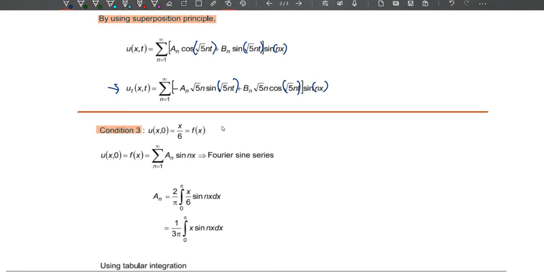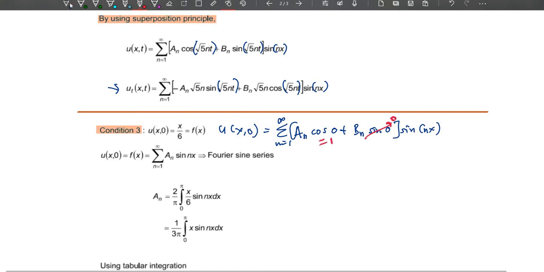When you substitute t equal to 0 here, it will be the summation of a_n cos 0 plus b_n sin 0, remember to close the bracket, times sin(nx). sin 0 is equal to 0 and cos 0 equals 1.